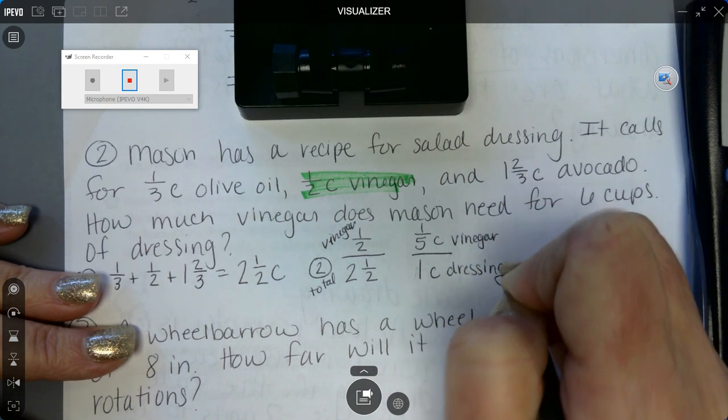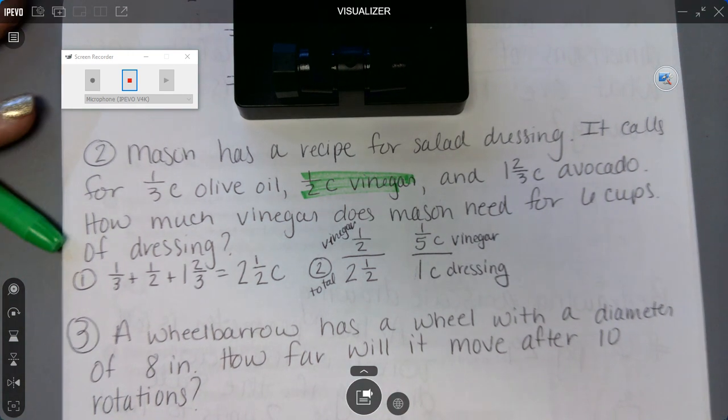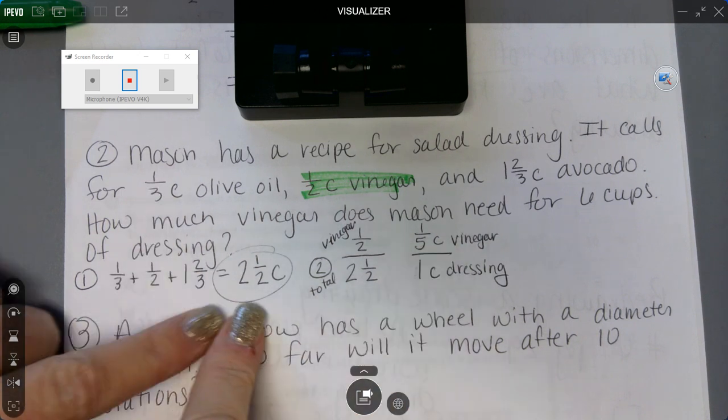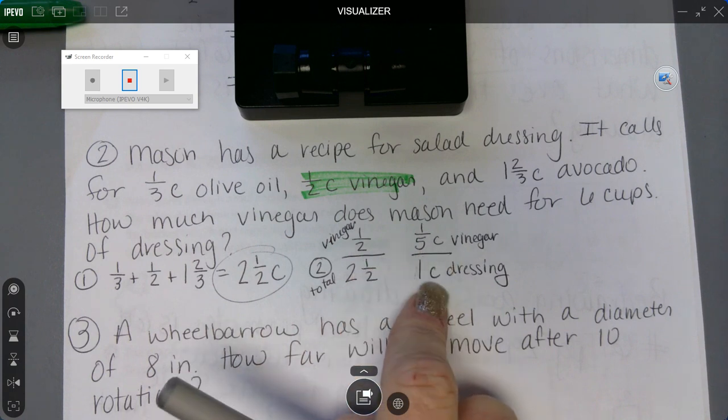All right, so again, let me tell you what we've done so far. We found out how many cups this recipe makes. Then we found the unit rate of how many cups I need for 1 cup of salad dressing. Because now what am I going to do? What's my question asking me to find? How much vinegar do you need for 6 cups?